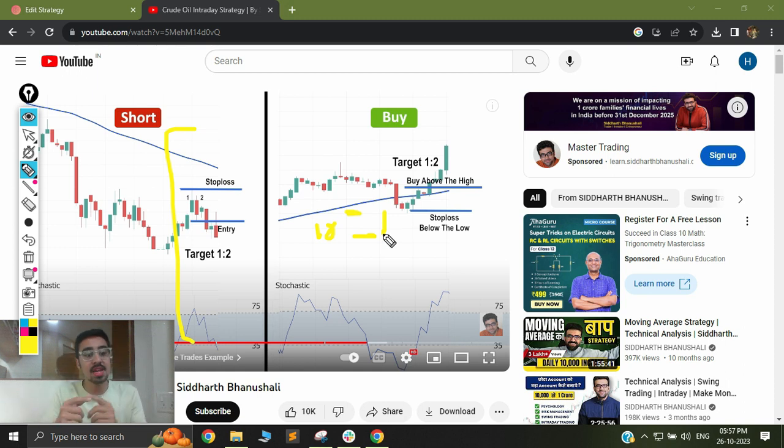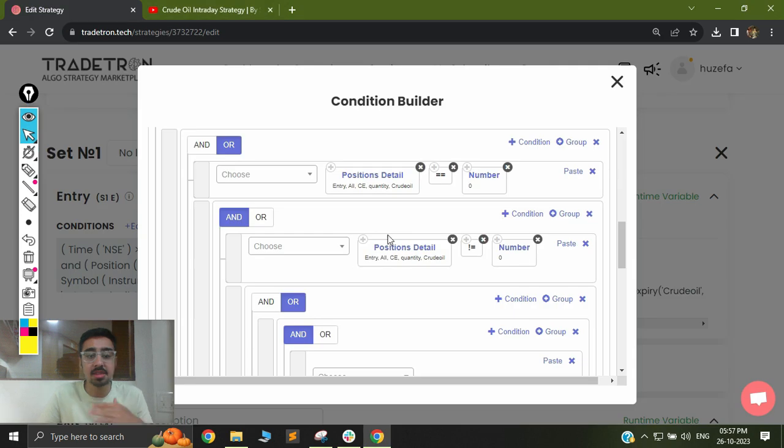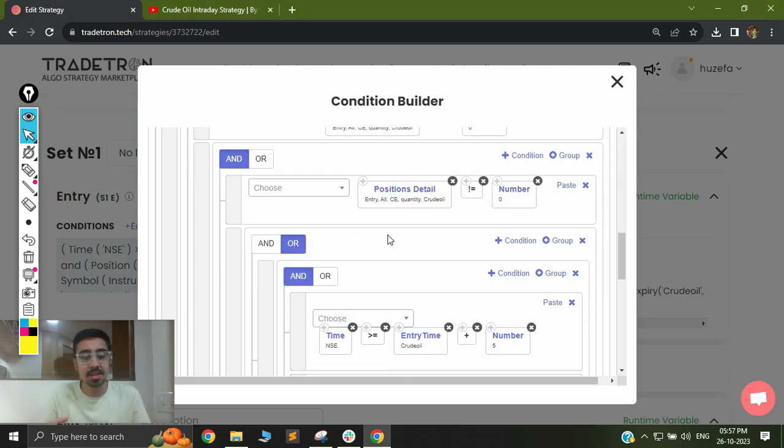Or it could be that it took an entry here and hit my target of, let's say, 20 points, and after that it is possible that the same setup is still true, because the setup will stay true for about 5 minutes. In that case, I don't want to take a re-entry. To avoid re-entry, I have built this piece of code. I will add a link in the description to a document on what exactly this is and how you use it.